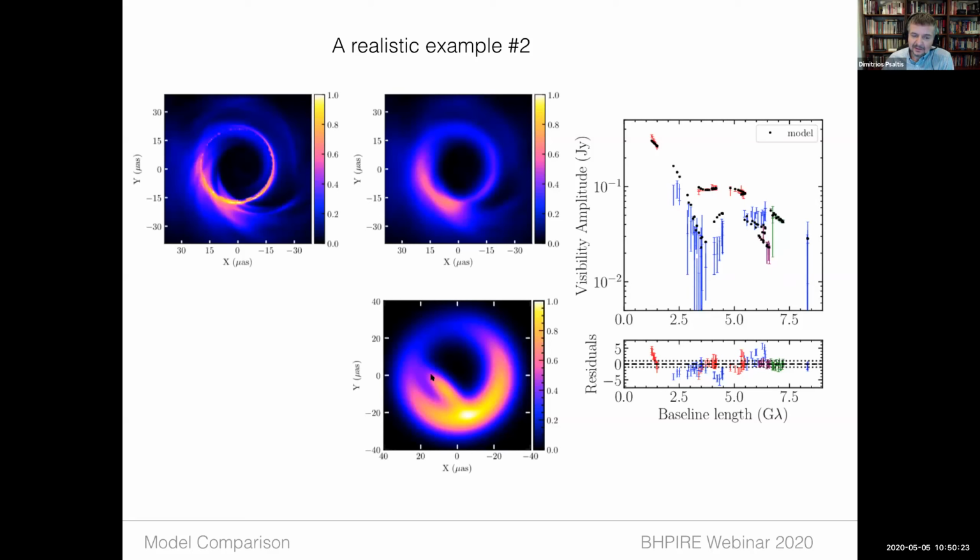And more importantly, the Gaussian that was added, this extremely elongated structure there, is not in the right place with respect to where the crescent is.